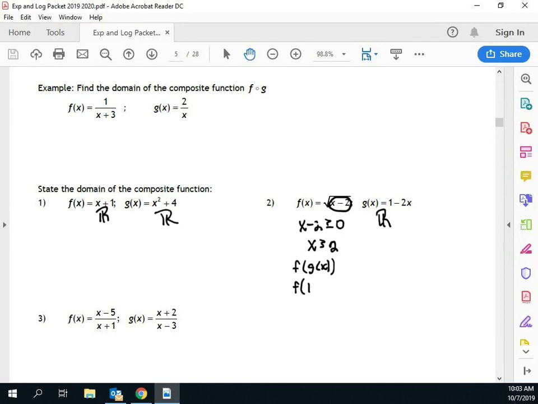So it's f of 1 minus 2 times x. Plug it into the other equation, so you get the square root of 1 minus 2x minus 2x. Nope. I didn't do that right, did I? Sorry, guys.